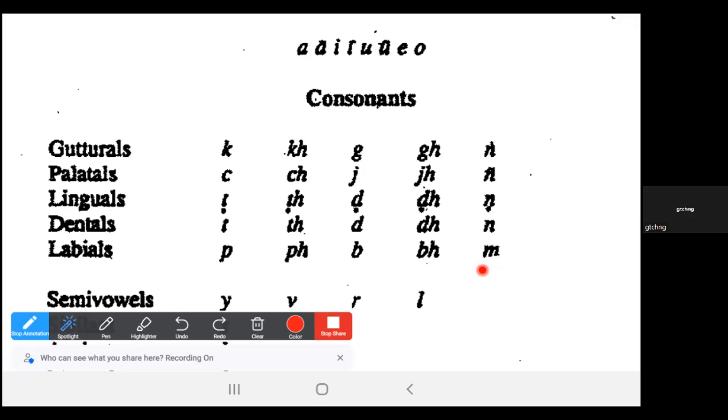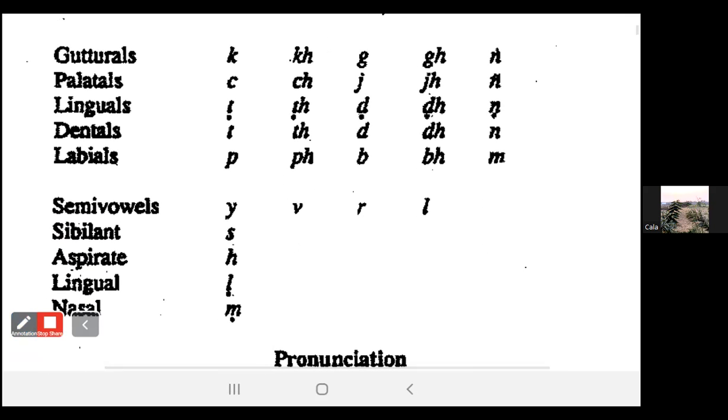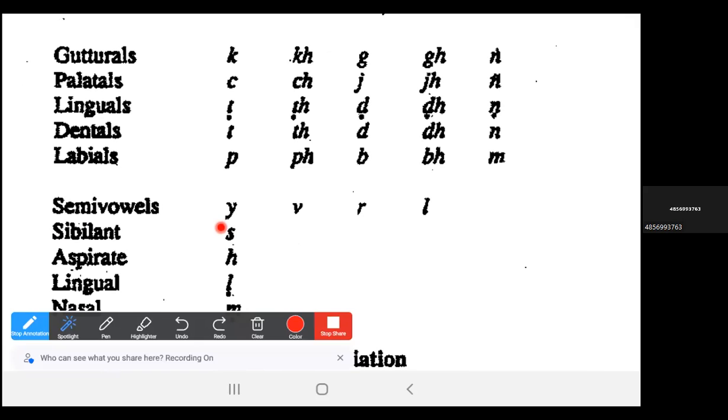Okay, so the M sound, all right? Down there will be the semi-vowels, all right? So the remainder is the same as Malay. So ya, ra, la, wa.